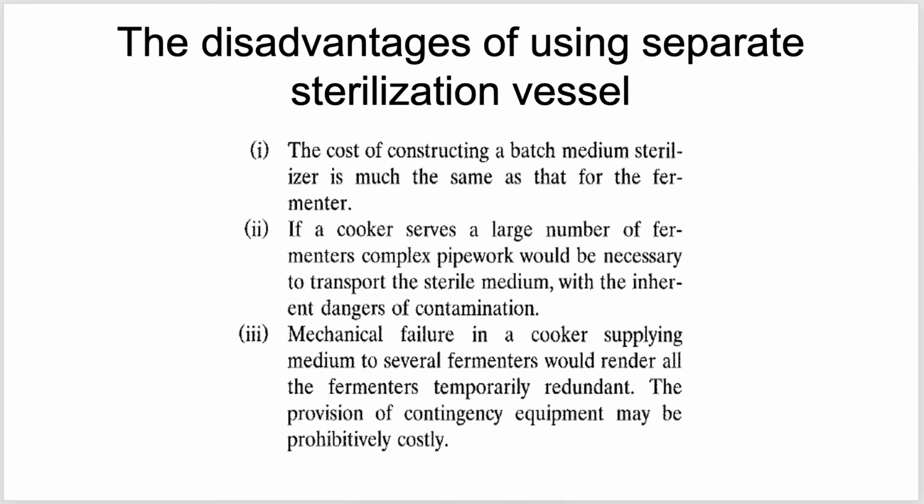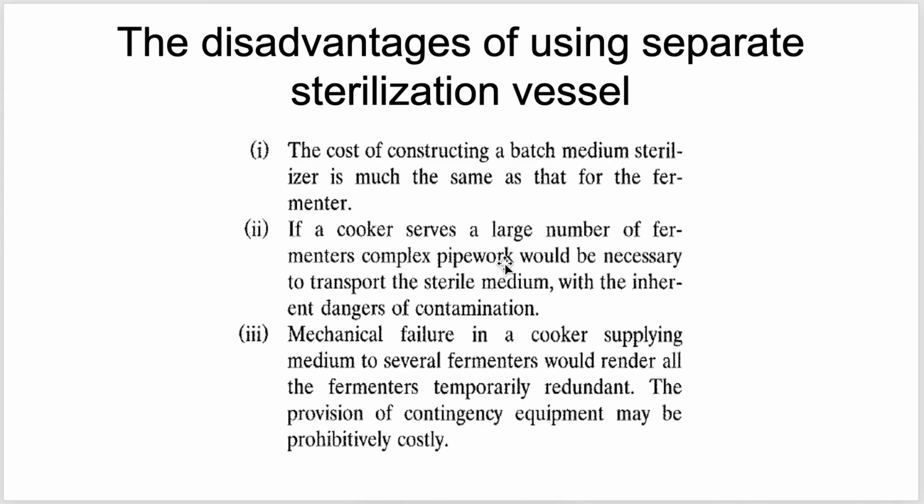Now the disadvantages of using a separate sterilization vessel. Constructing a separate vessel for sterilization is costly. And if we use a single vessel for sterilization and want to supply several fermenters from this single vessel, a lot of complex pipe work will be necessary.